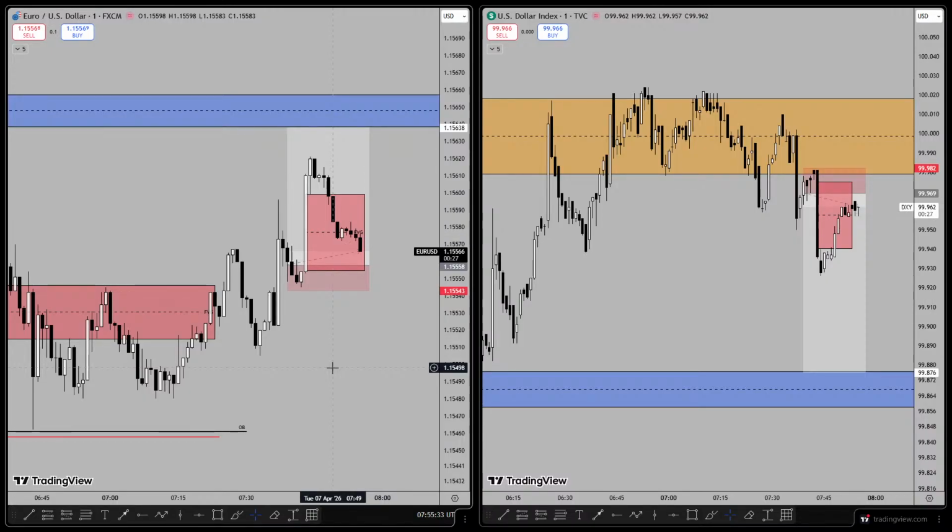Okay, price is trading lower. Price is currently close to our entry level, with our stop at the swing low.